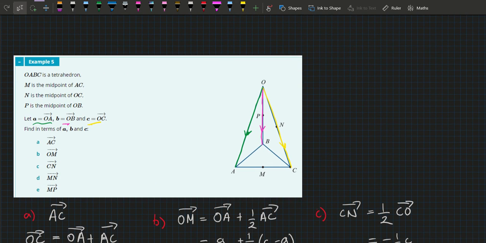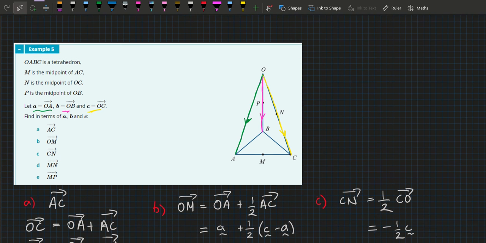And this was using a midpoint, so understanding that, for example, N is half of O to C. O to N is half of O to C, and same for N to C as well, okay?